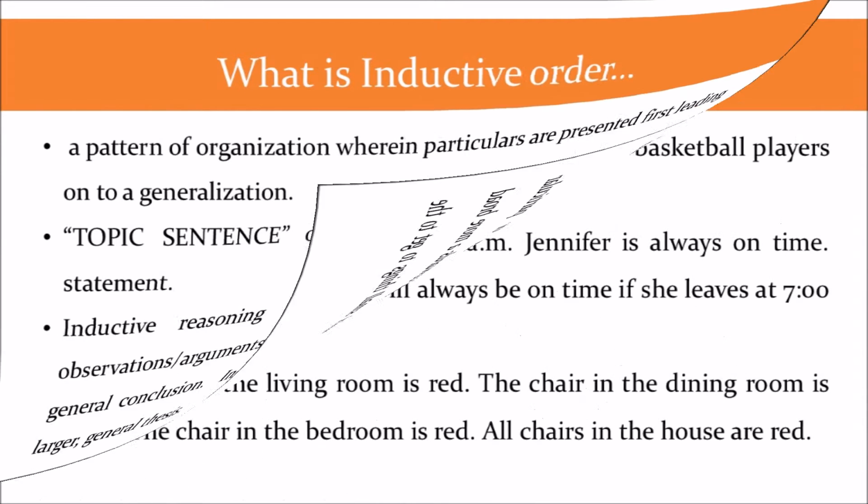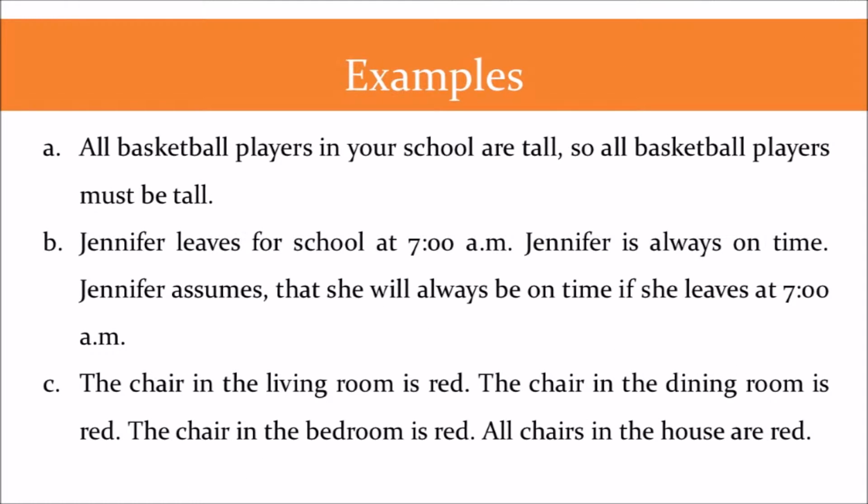Let's have some examples. All basketball players in your school are tall, so all basketball players must be tall. In these examples, all particulars are presented first, which leads us to a generalization that all basketball players must be tall. Next example. The chair in the living room is red. The chair in the dining room is red.